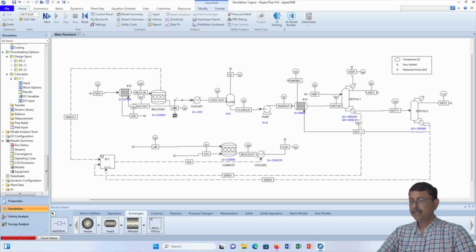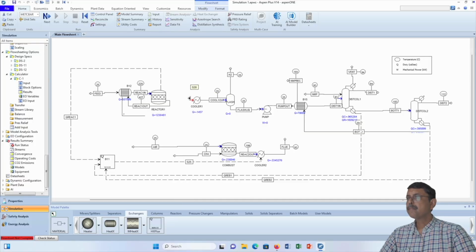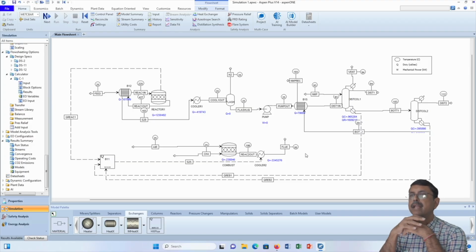And instead you can just connect it with the cooler. So let us keep it very simple and run it. Yeah. Now the results are available.